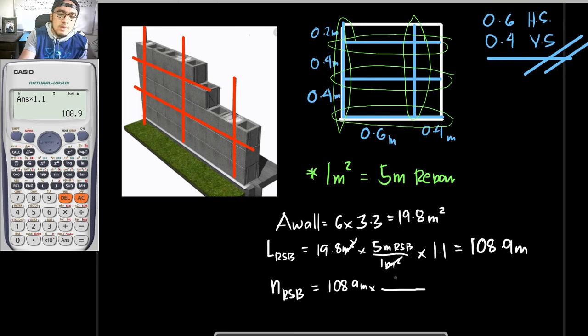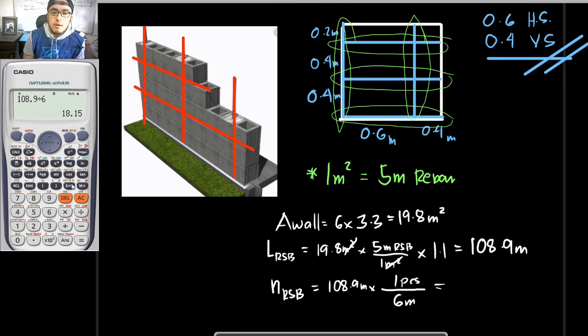And actually, guys, in one piece of reinforcing steel bars, 6 meters yung isa. So, meron yung iba 9 meters, but the most commercially available rebar would be 6 meters. So, by that itself, solve nyo lang yan. So, 108.9 divided by 6. So, this is to be 18.15.